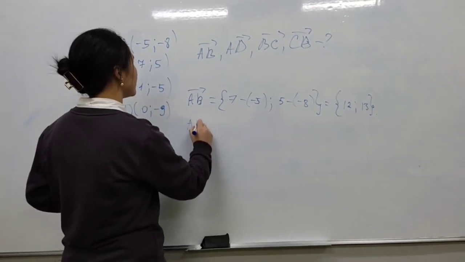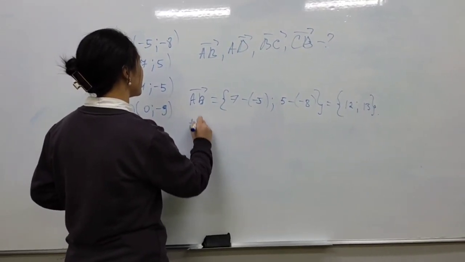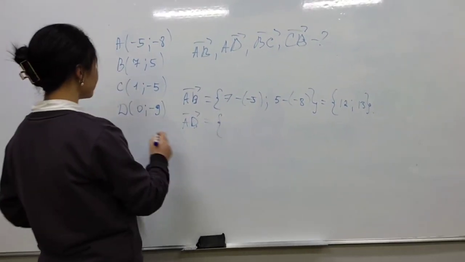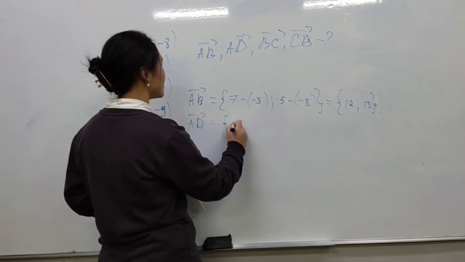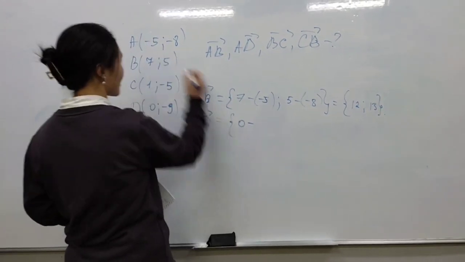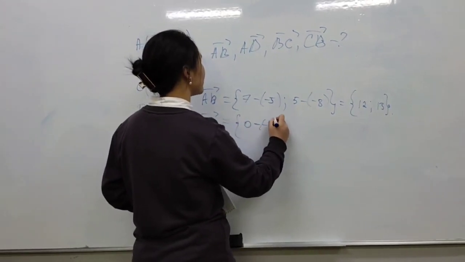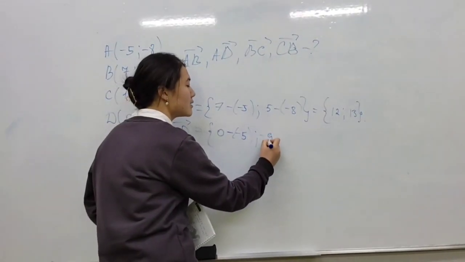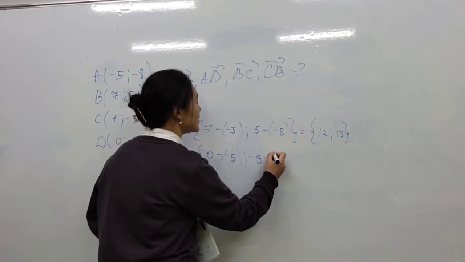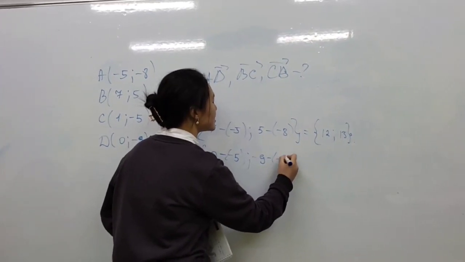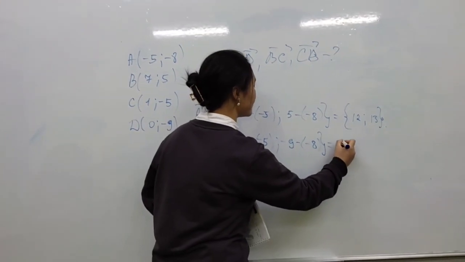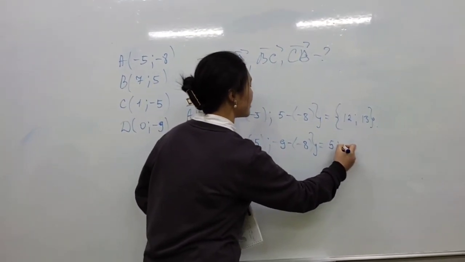The next, vector AD is equal to (0 minus 5, minus 9 minus 8), which is equal to (5, minus 1).